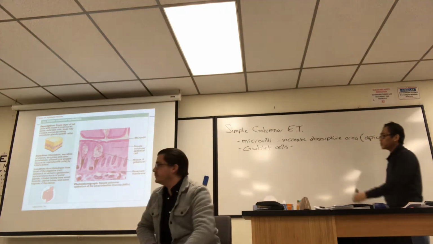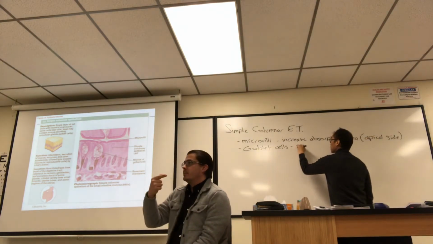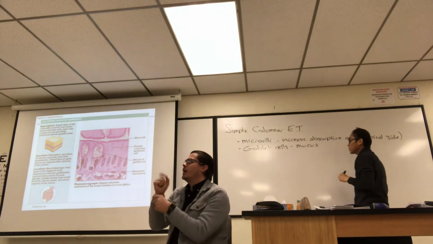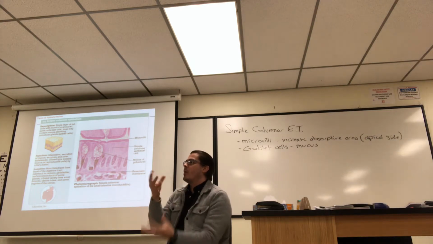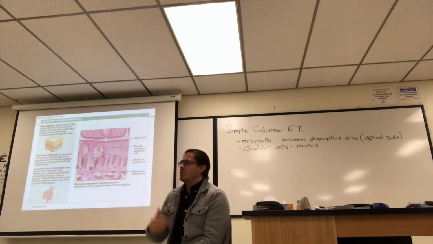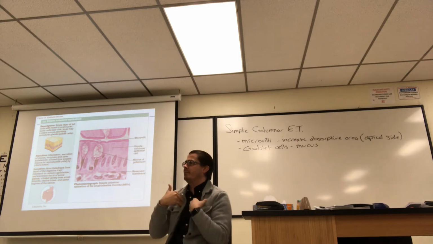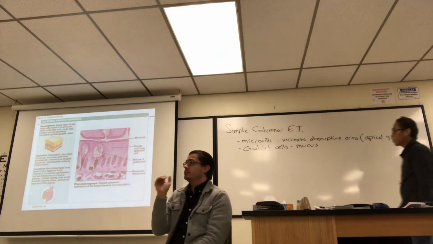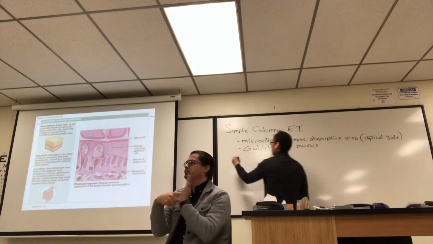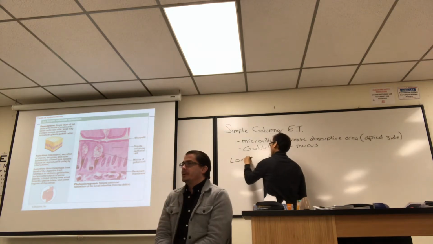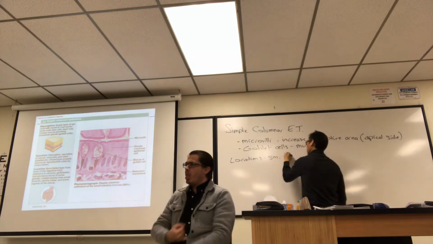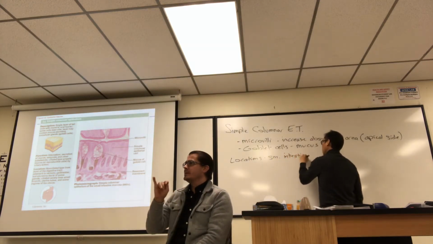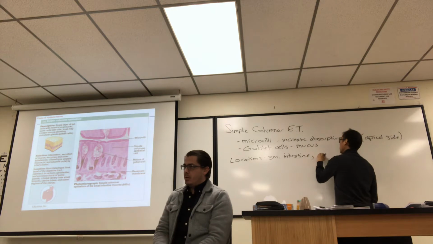And the goblet cell function is to secrete mucus. So this is a tissue that is moist. And they have a bunch of locations. It's a very common tissue. Let me give you a couple of locations: small intestine, oviduct.